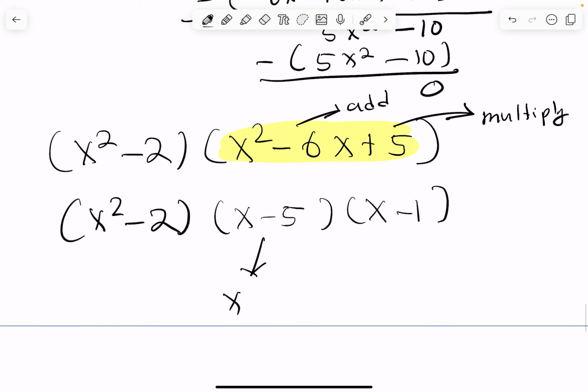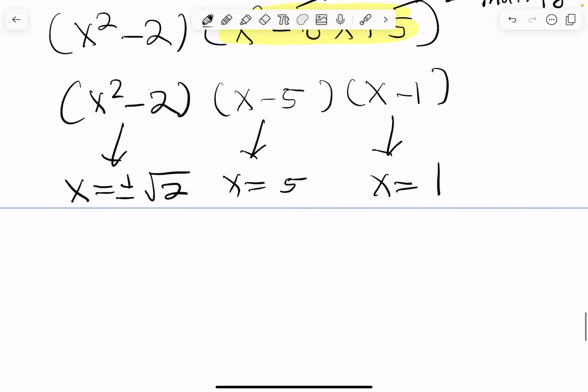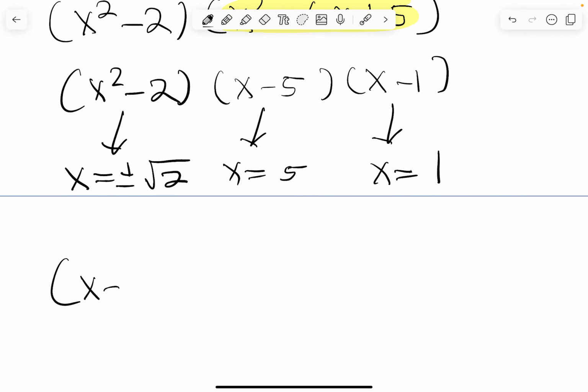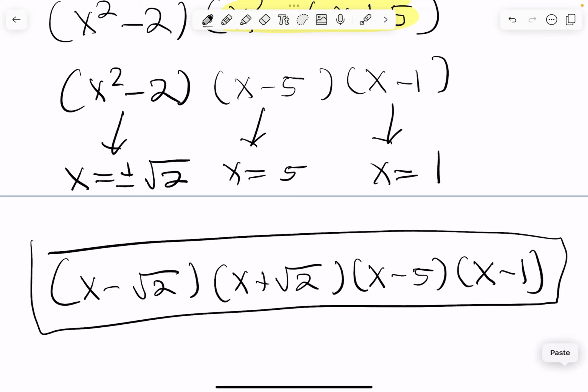And then from here you get x equals 5, x equals 1. And you already got the plus or minus root 2 from earlier. And if you want to write this final answer in factored form, it would look like this.